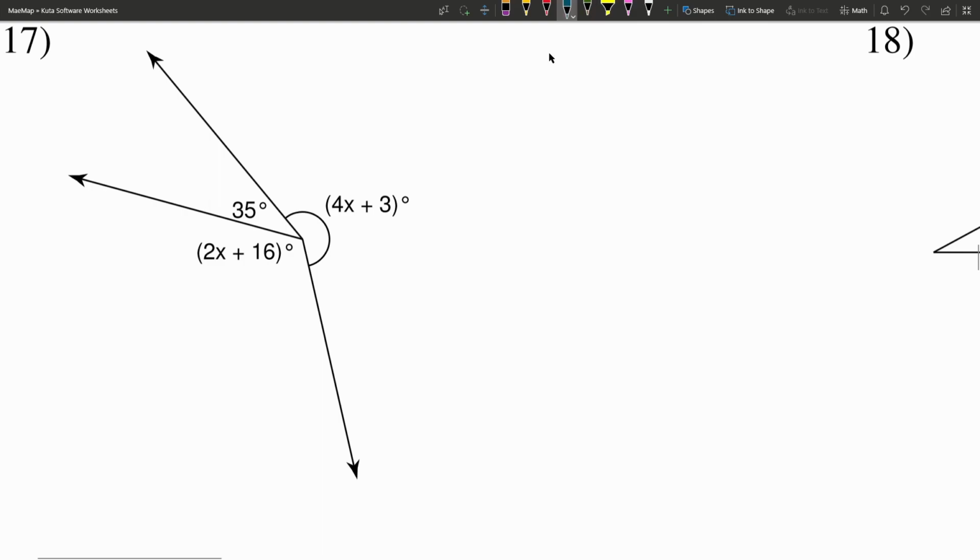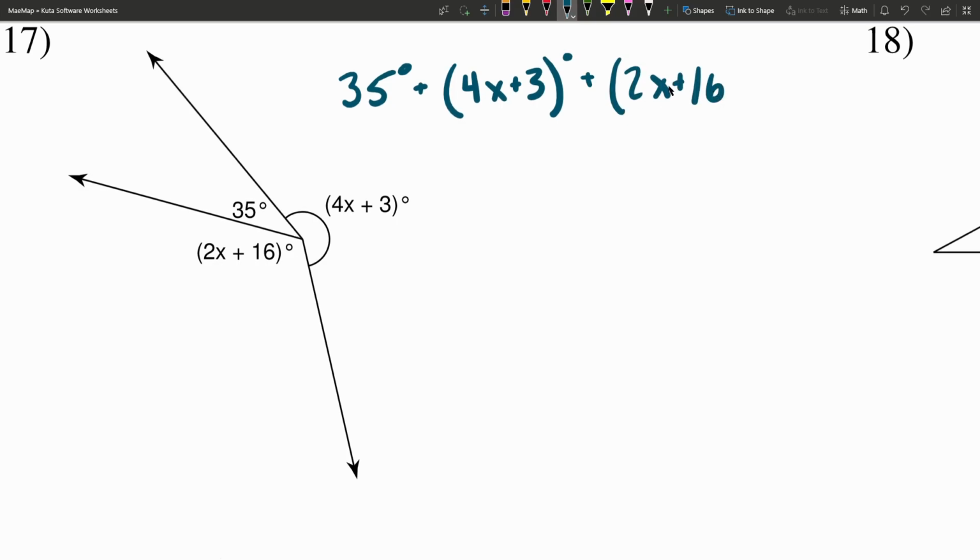So let's go ahead and write that out. 35 degrees plus, keeping the parentheses, 4x plus 3 degrees plus 2x plus 16, keeping those parentheses, degrees, is equal to 360 degrees. Right away, I can move this 35 degrees over to the other side, or I could just combine my like terms on my left-hand side. Either way of going about this is fine.